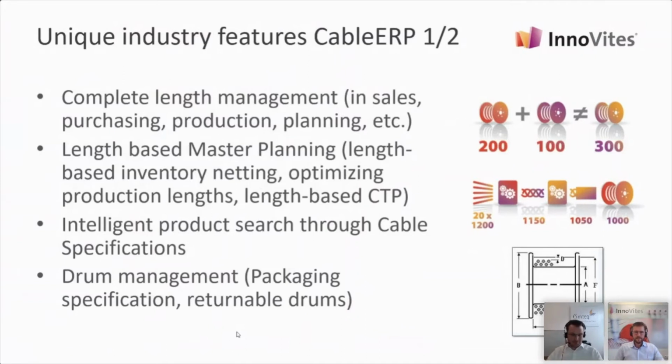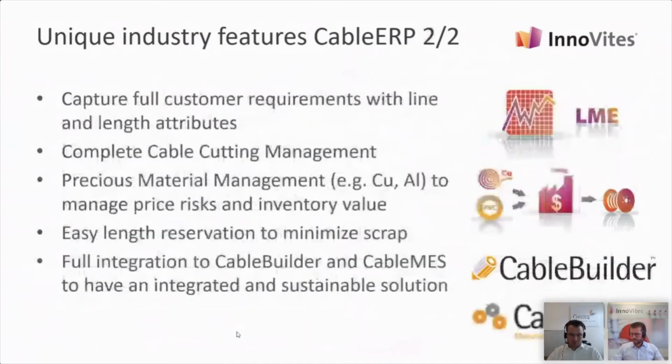Also, what we see at our customers is they have a lot of product designs in the system. So we offer intelligent product search with cable specifications, cable attributes. We will see a little bit of that in the demo. Drum management: the system deals with the spools, the reels, also if they are recycled.